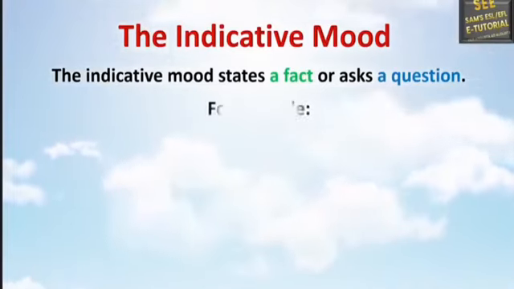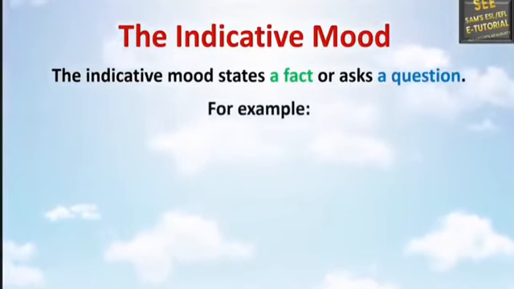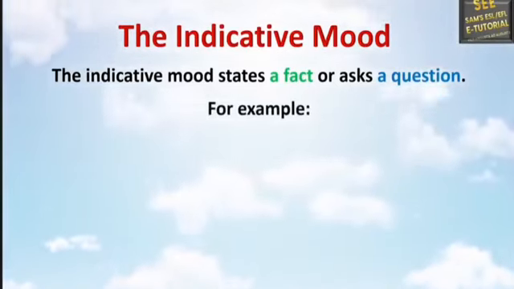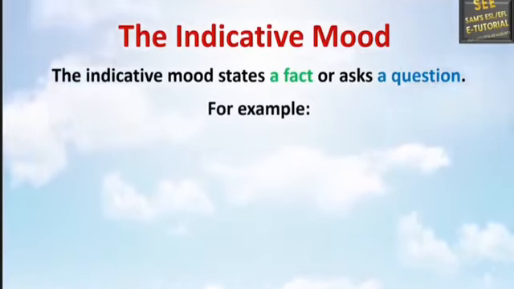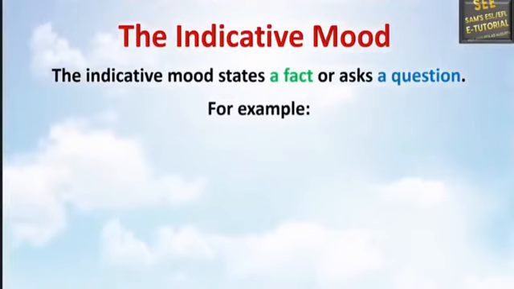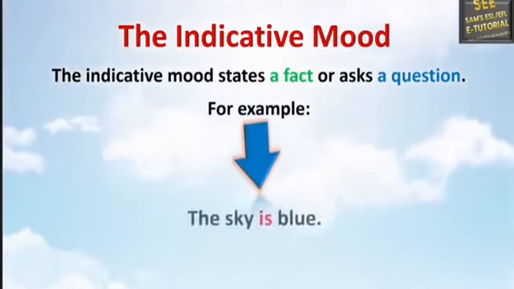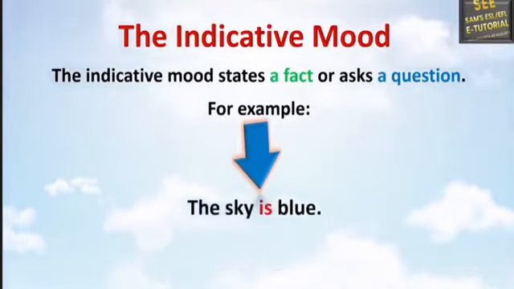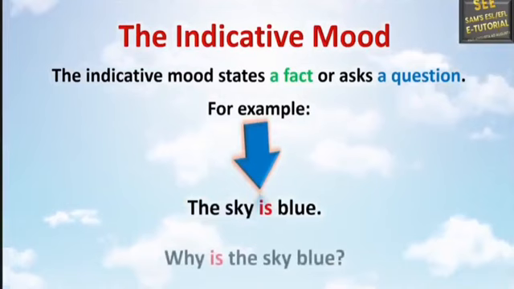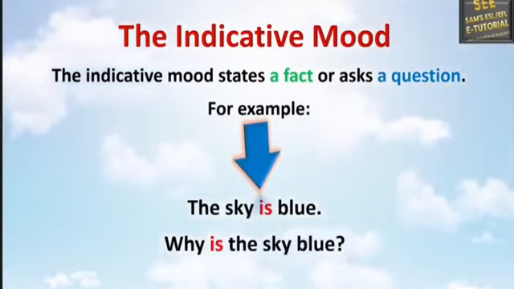Now, here is an example. Take a look at number one, as you can see right there on the screen. The sky is blue is a statement of fact. Again, why is the sky blue? From what you can see here, it's actually a question.